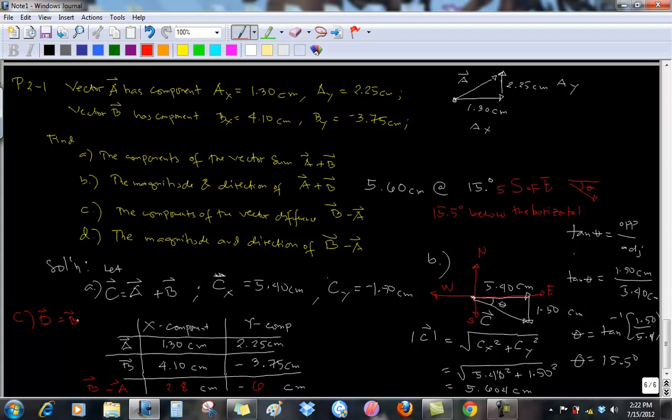B minus A. So, dx will be 2.8 cm and dy will be negative 6.0 cm.